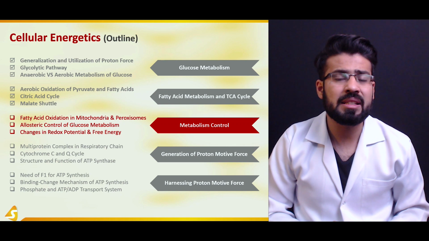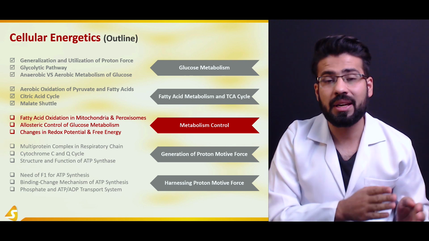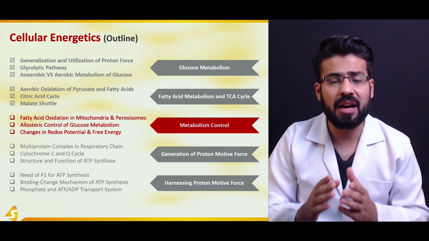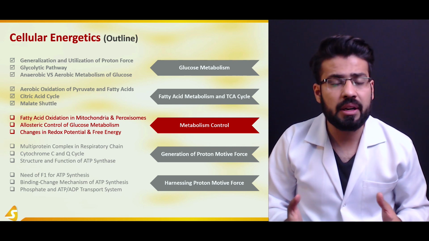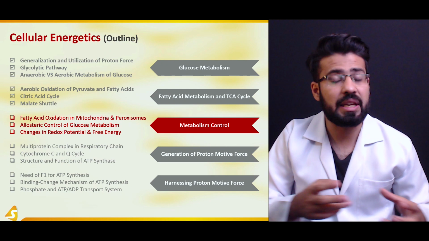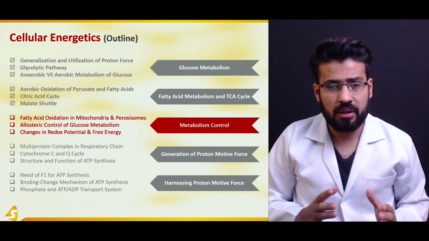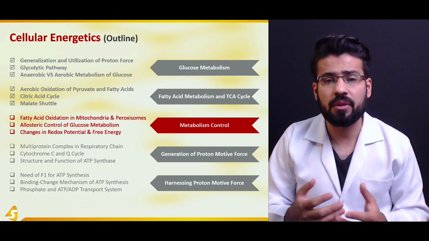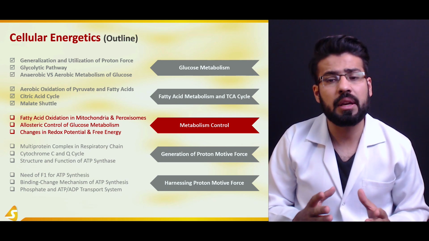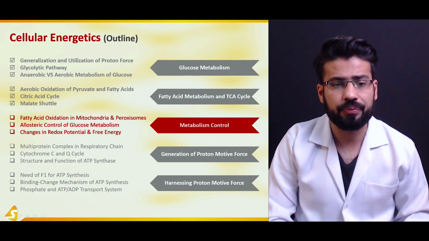In this case, we are basically going to understand how, when the electrons are being donated from NADH to the electron transport chain, these electrons are going to move down their energy gradient, losing their energy, and this energy is utilized by the protons to move against their concentration gradient to establish a strong gradient downstream, so that they can move in the presence of ATP synthase down their concentration gradient, resulting in the production of ATP, that we are going to discuss in the next section on the generation of proton motive force.